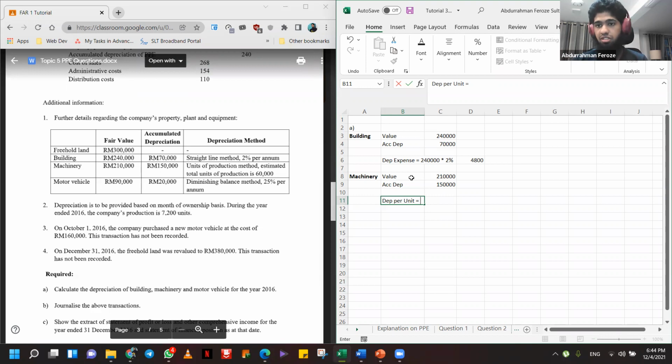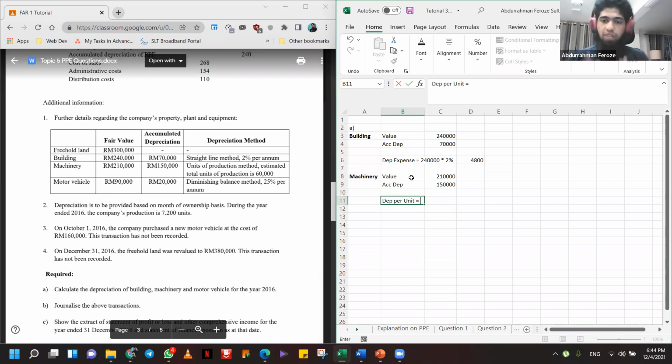Basically, it's 100,000 divided by 50,000. So that is the depreciation per unit. Once you have produced 25,000 units, which is 50% of the total production, the depreciation of the asset itself also is by 50%. So that is the idea behind it.